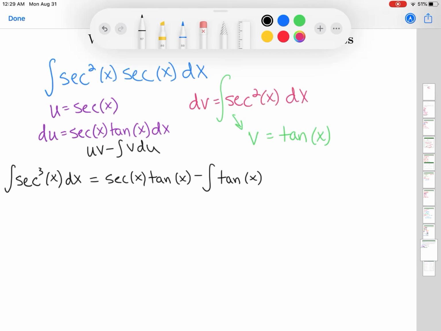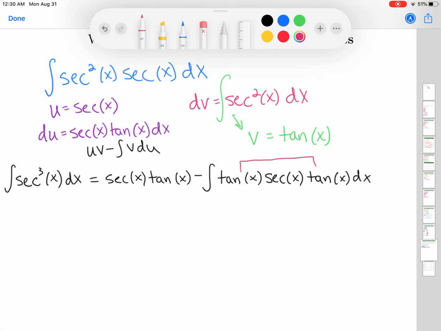Okay, so minus the integral now of v du. So that's going to be tangent x, and du looks kind of ugly, right? What is du? So du is going to be our secant x tangent x, and of course our dx. Okay, so what can I do here with this piece?